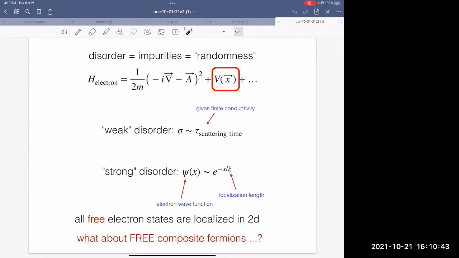On the other hand, if the disorder is strong, you can think about a 1D particle in an attractive delta function potential that localizes the wave function, so the wave function of a particle becomes exponentially localized with some localization length xi. The conclusion, at least in two spatial dimensions, is that all free electron states in the presence of disorder become insulators at zero temperature. So the question I want to ask is, what about free composite fermions? That's a clarification of point number one.